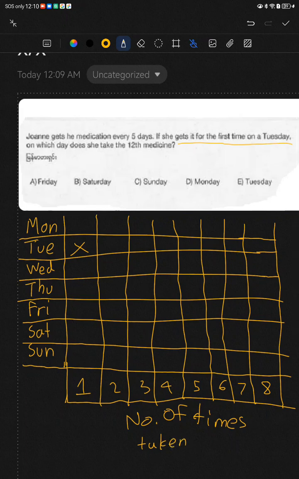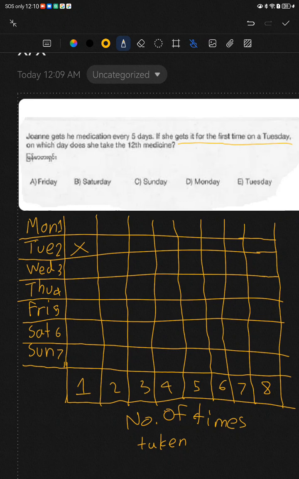Okay, so for the second time, she takes it 5 days after Tuesday. So if we are Tuesday with 5, well, I'm gonna mark it with numbers. Starting from 5, we'll get to doing some mental math.